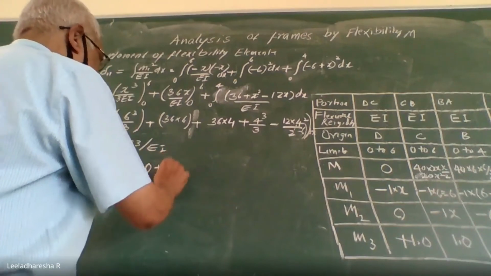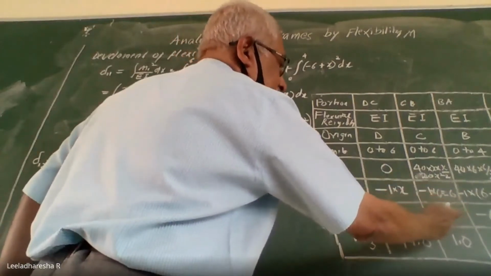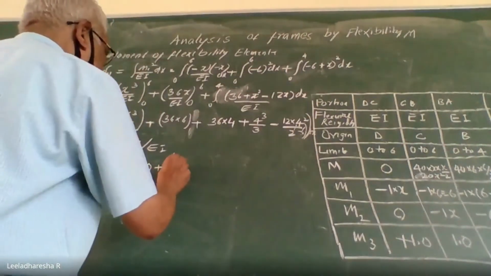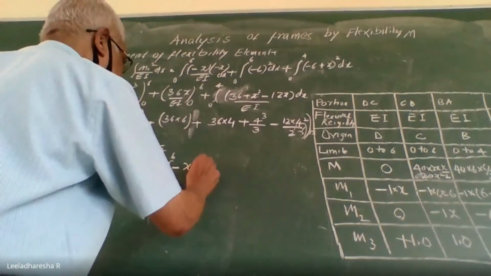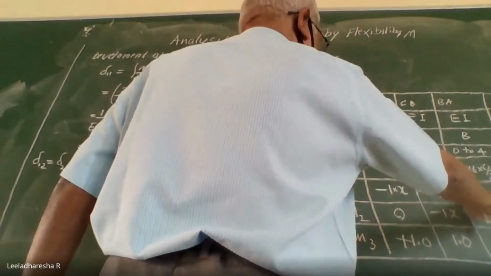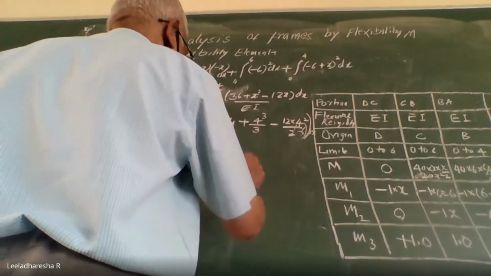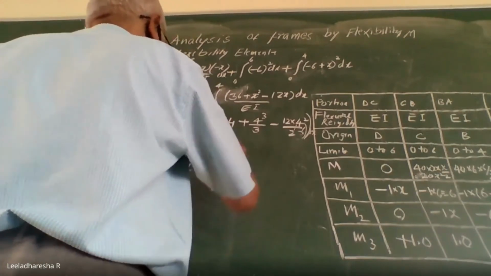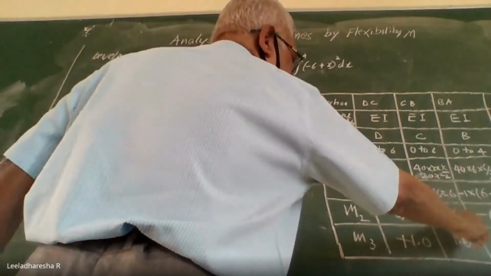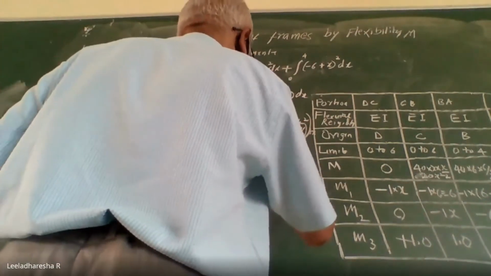Plus 0 to 6, m1, m2 for the portion BC, CD, minus 1x into 1. So you get minus x into dx. Plus, for the next portion, m1 is minus 6 plus x, or x minus 6, between the limits 0 to 4, x minus 6 into m2, that is again minus 6 into dx.